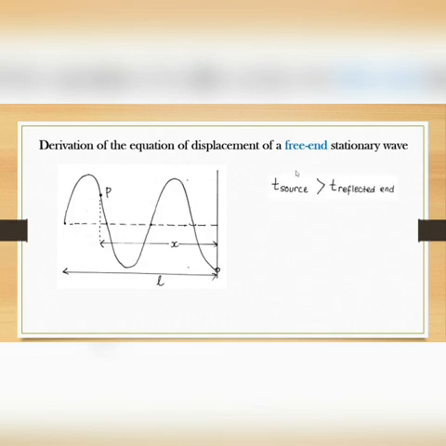But still, T source is always greater than T of the reflected end, and this equation still applies: T source is equal to T reflected end plus L over V. Then I can write the equation of the incident wave as A times the sine of omega t source minus k times L minus x.